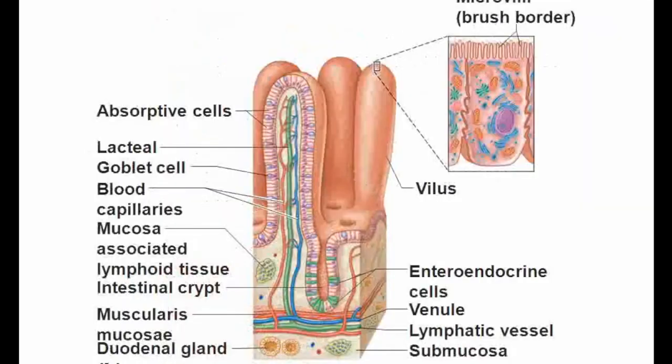So let's look again. Here is the small intestine. Here is a specialized lymphatic vessel made for absorbing what nutrient? Fat. What do we call this vessel? It's got a special name. Lacteal. You got to own that. Lacteal. You know why? Because the fluid that travels through there is milky.